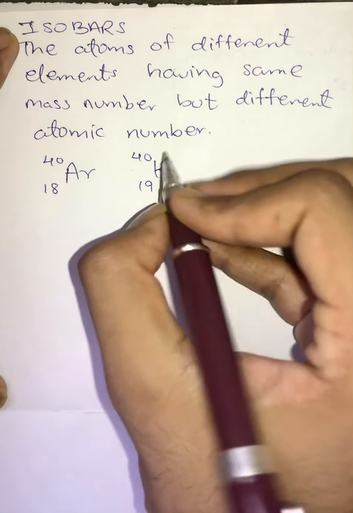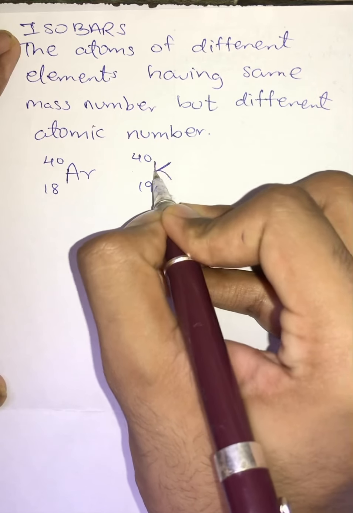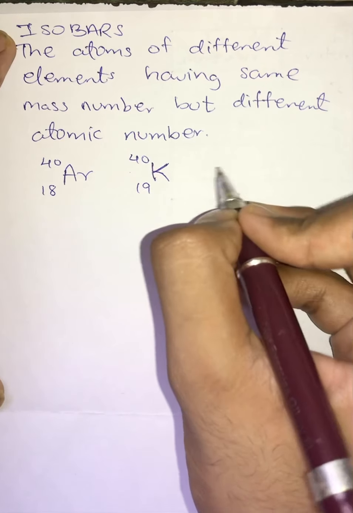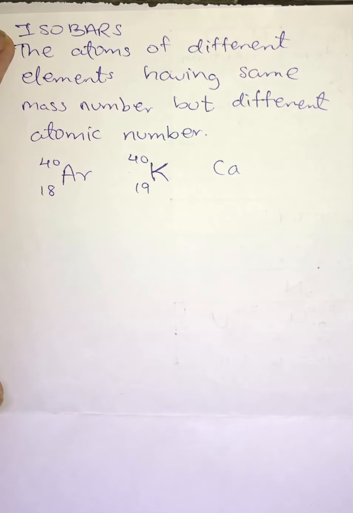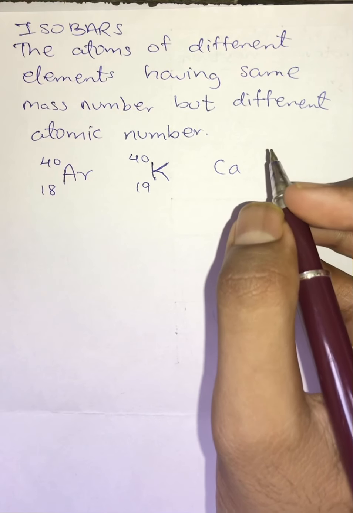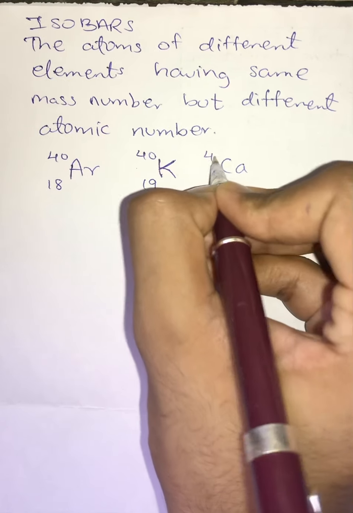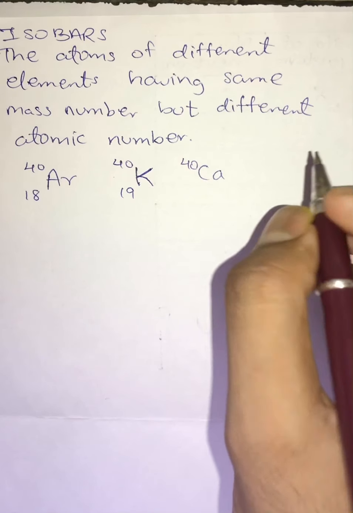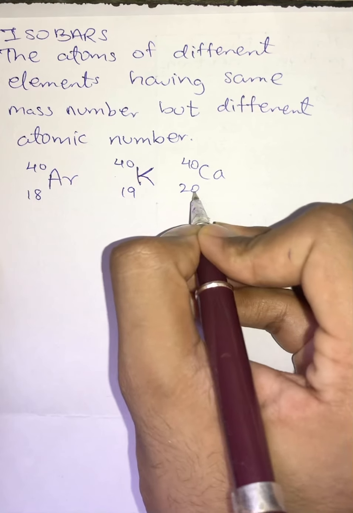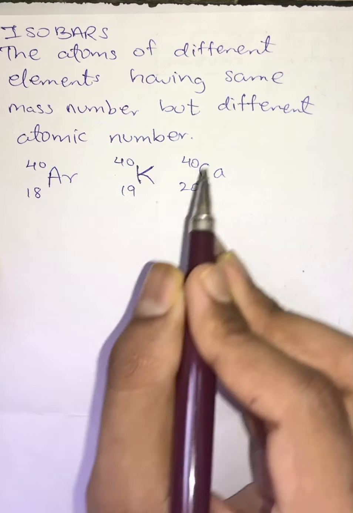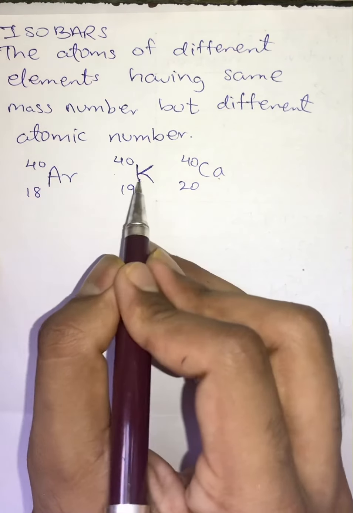Sorry, this is potassium guys, by mistake I said calcium. And again calcium, whose atomic mass number is 40 but the atomic number is 20. This is potassium and this is calcium.